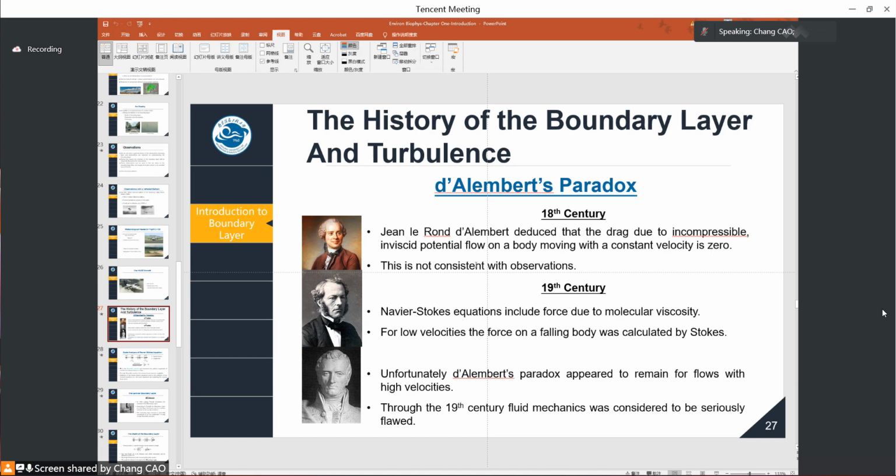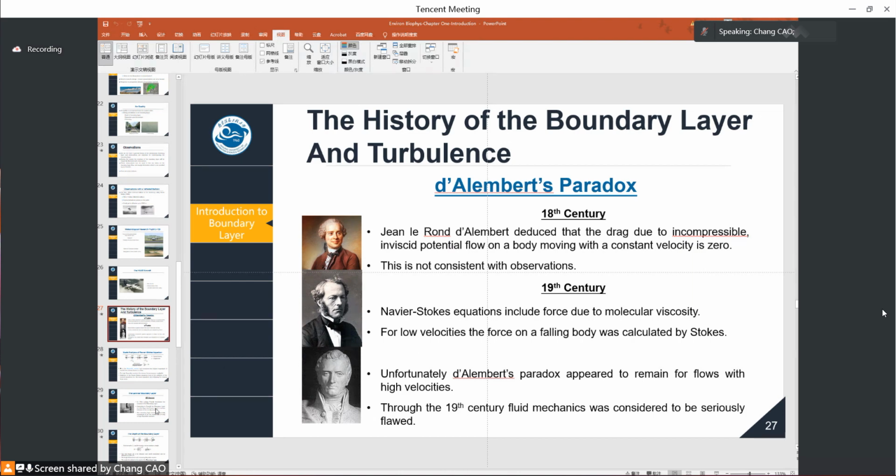But the observations are not consistent with his deduction. So this is called D'Alembert's paradox. And in the whole 19th century, nobody could solve this problem.